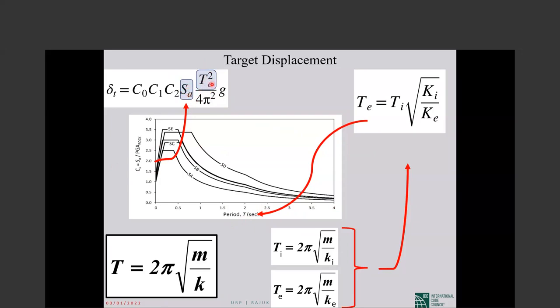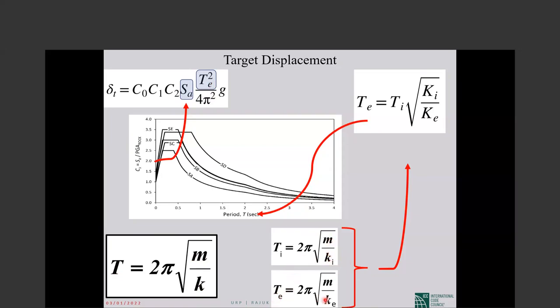And of course, a building has an initial stiffness and an initial mass, and with the initial mass and initial stiffness, you can get the initial period of the building. So if you want the equivalent period, you should define either equivalent mass or equivalent stiffness or both of them.